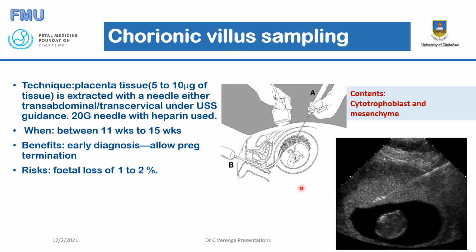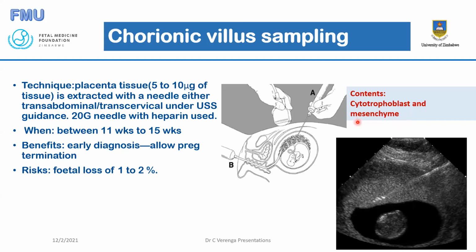Chorionic villi sampling, the most important image which I want us to recall is that the sample contains cytotrophoblasts and mesenchyme cells. Cytotrophoblasts already have a high mitotic index. They are already multiplying in numbers, while mesenchyme are in this G0 phase of the cell cycle. They are resting cells.